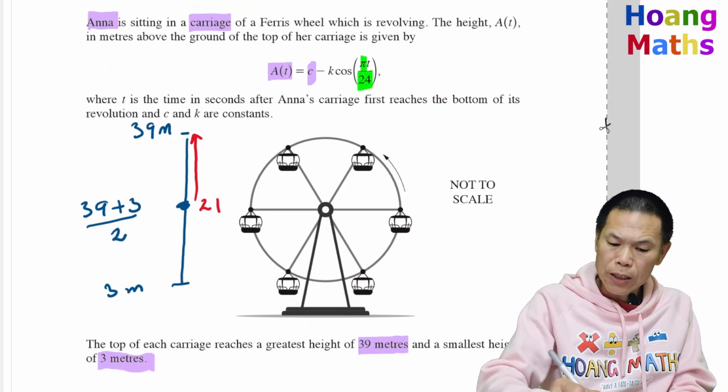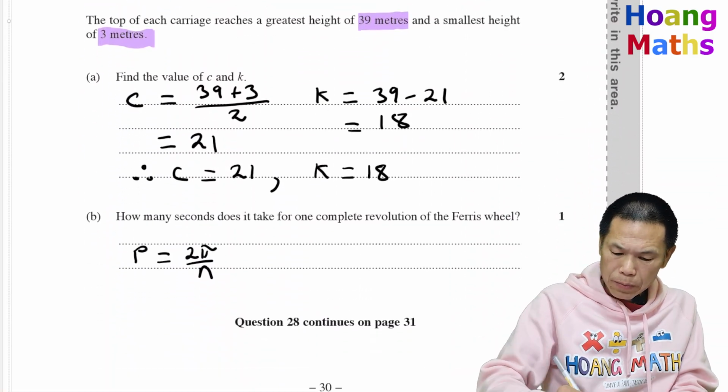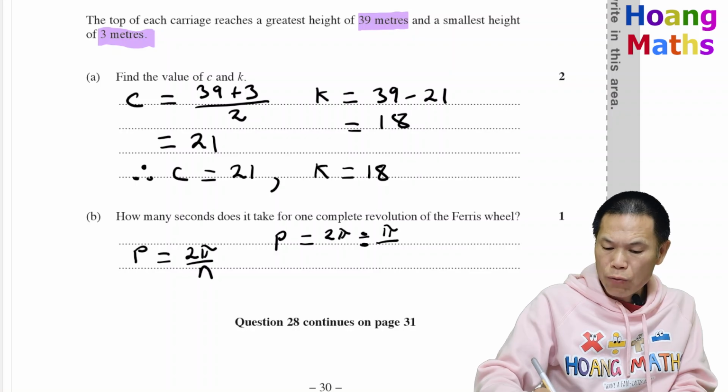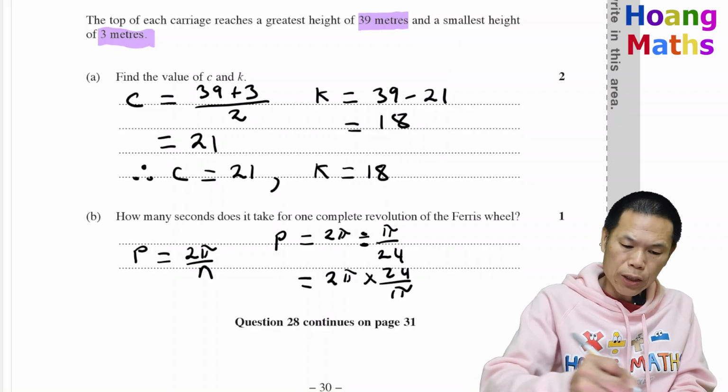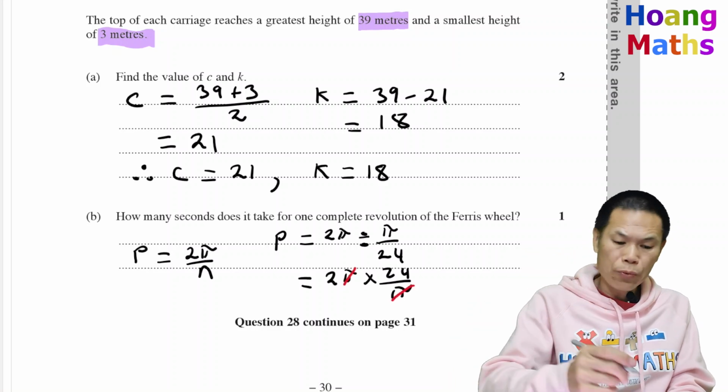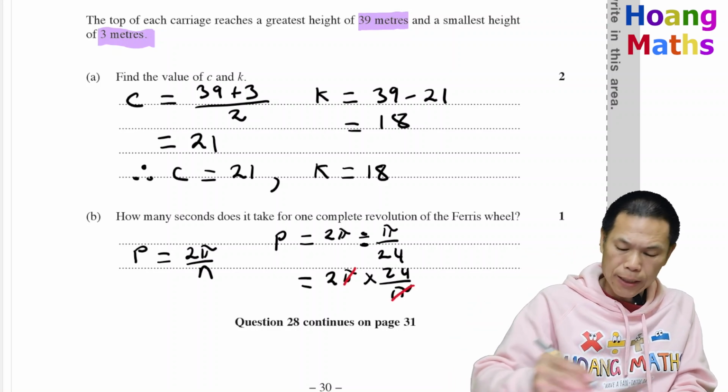Keep that in mind. So P is 2π divided by π over 24. We switch around, it becomes 2π times 24 over π. We just cancel this π out. So 24 times 2 is 48.